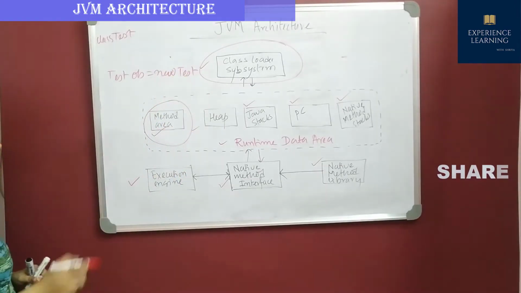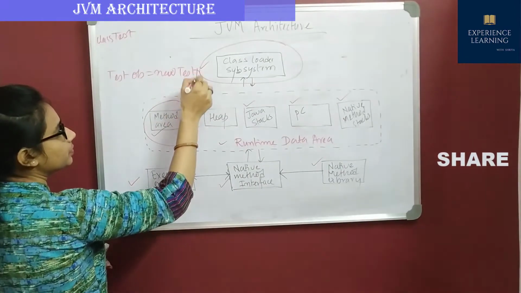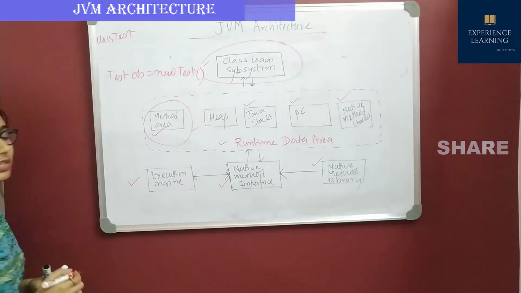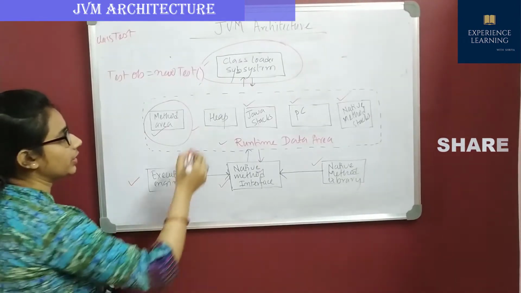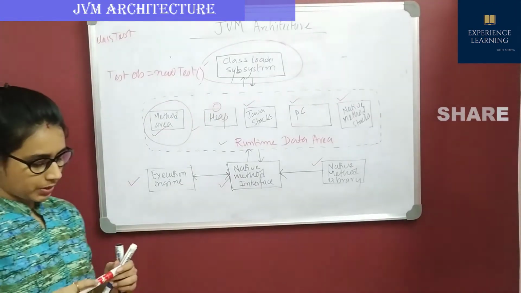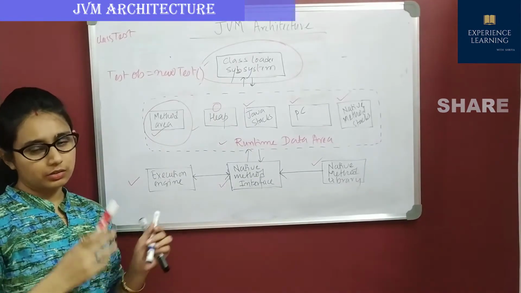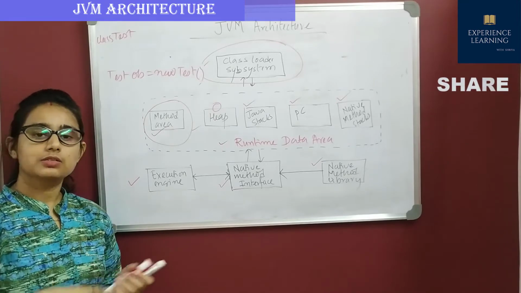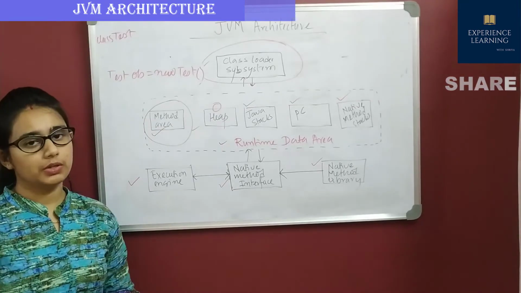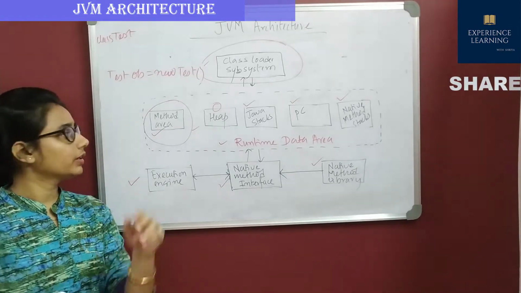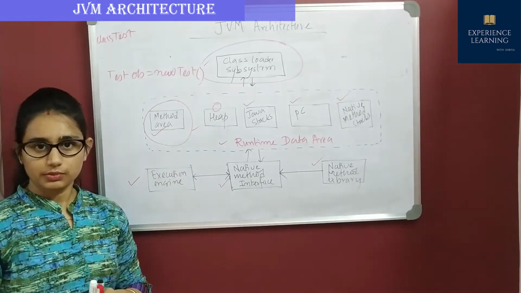Here the object is created in the heap area. In C++, as you can see in the earlier playlist, an object can be created in the stack area as well as in the heap area, but in Java the object can only be created in the heap area. Okay.